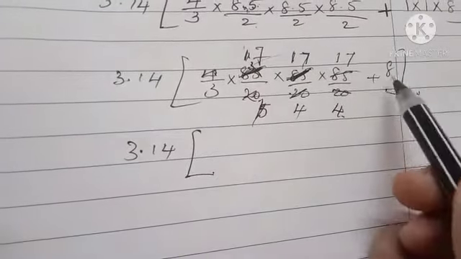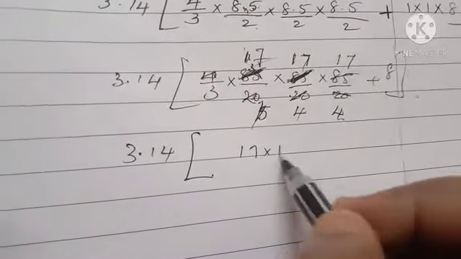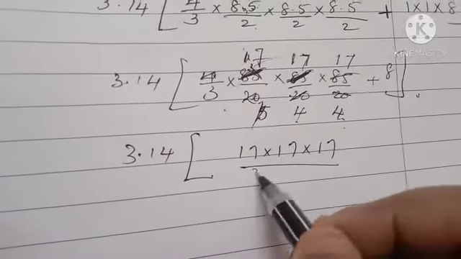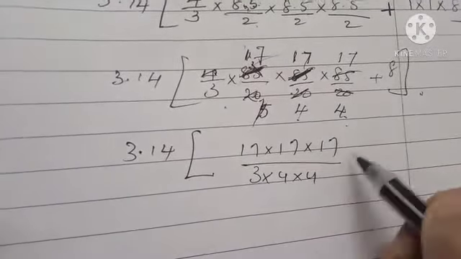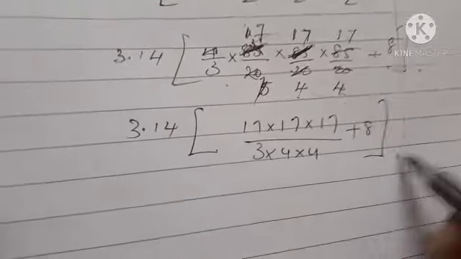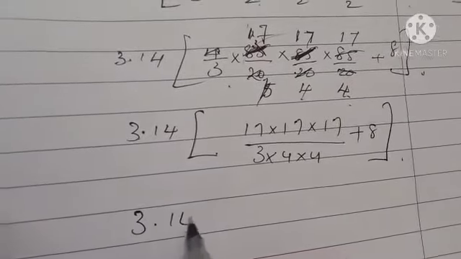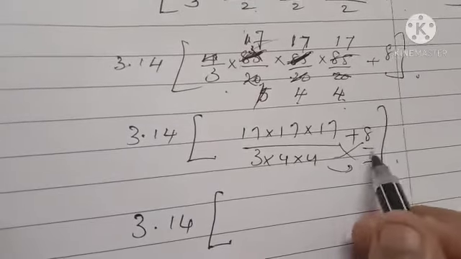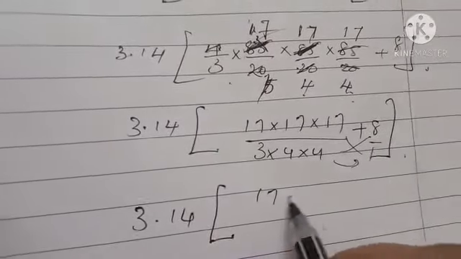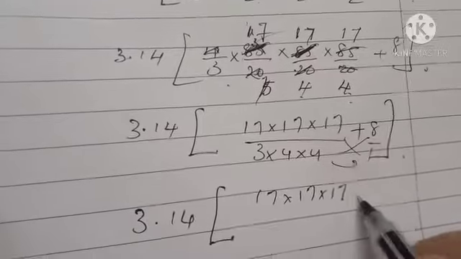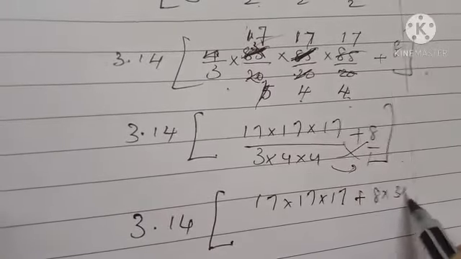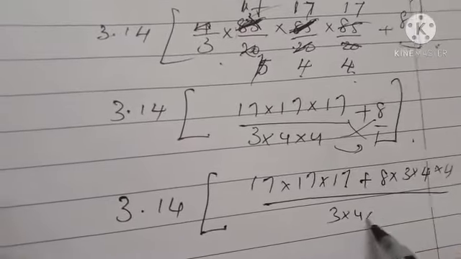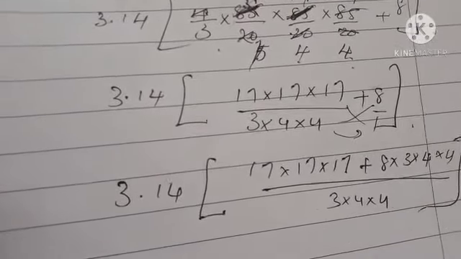We can't cancel anything else. Then 17 into 17 into 17 by 3 into 4 into 4, plus 8. Then 3.14 into, we can do the cross multiplication. This will be 17 into 17 into 17 plus 8 into 3 into 4 into 4, by 3 into 4 into 4.